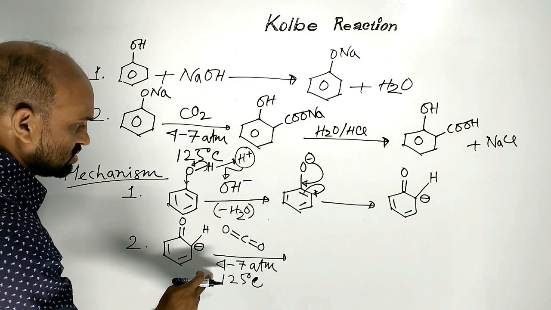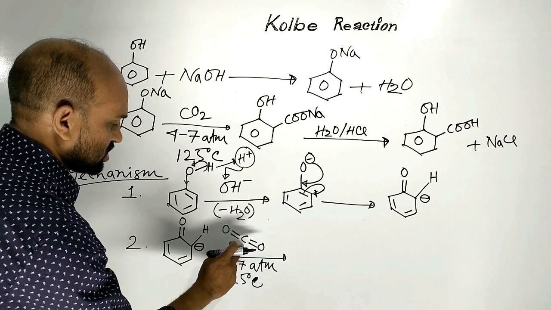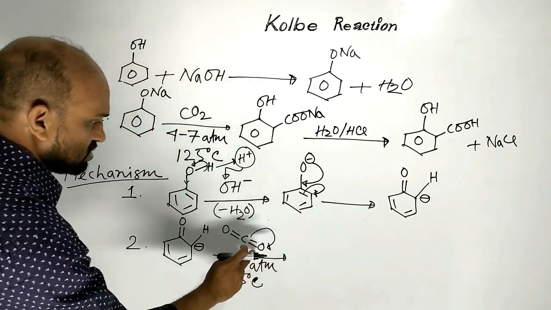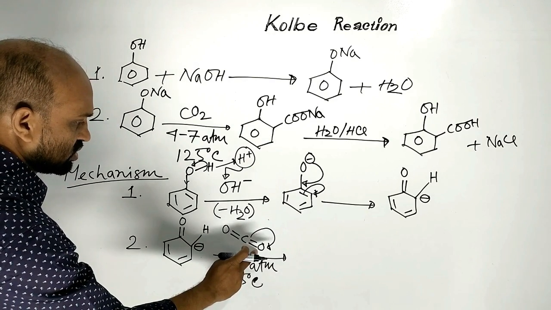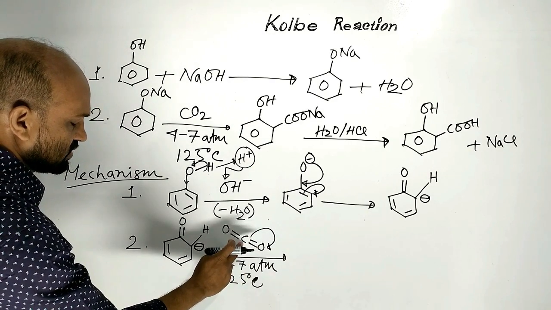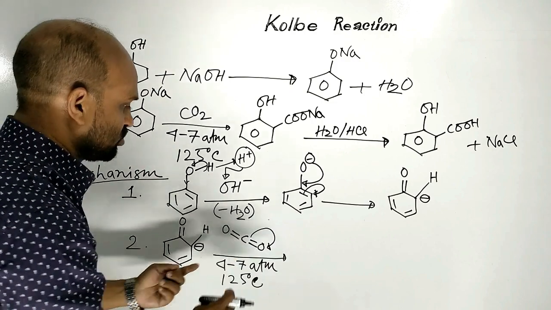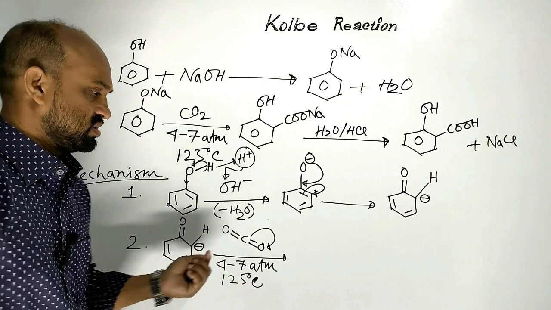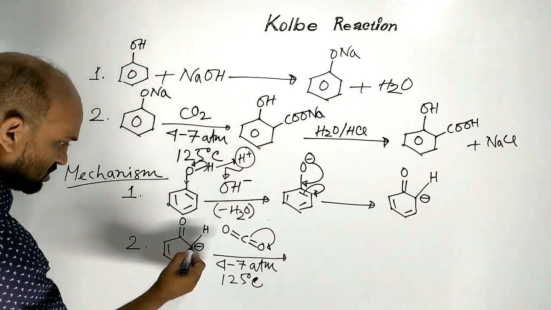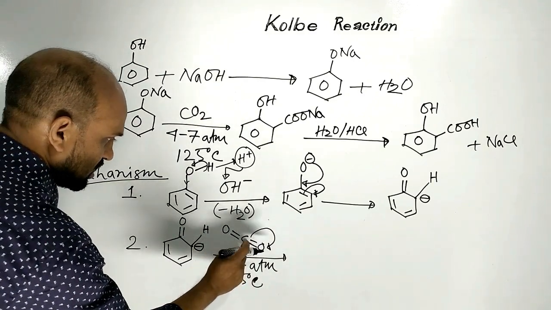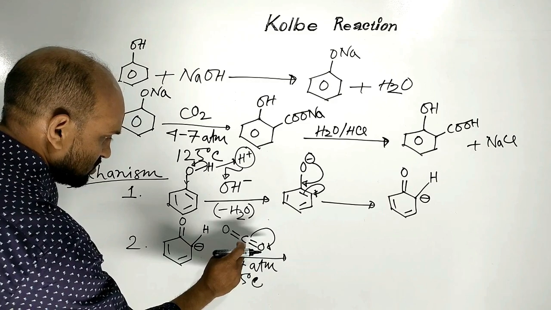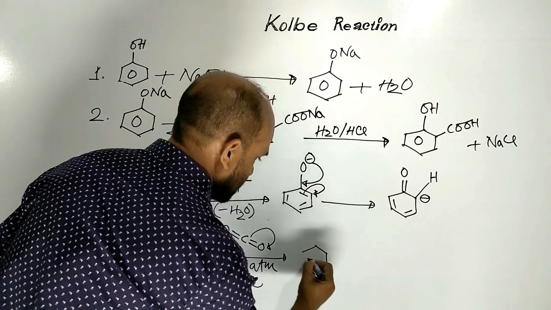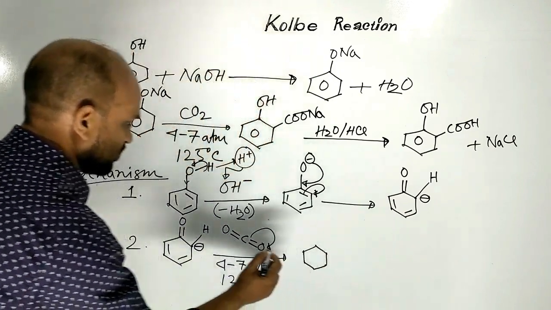At this condition, carbon dioxide gets polarized. Oxygen is highly electronegative element than carbon. Here, around carbon, positivity is created. As a result, this carbon and carbon dioxide carbon form a new bond. As a result, this is obtained.